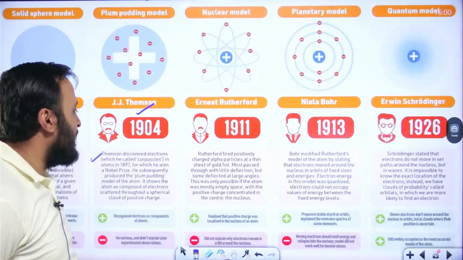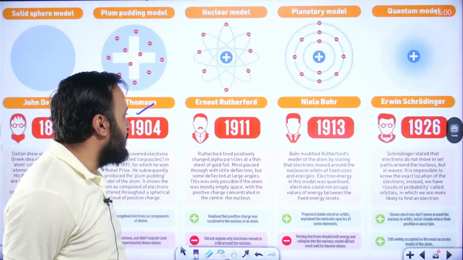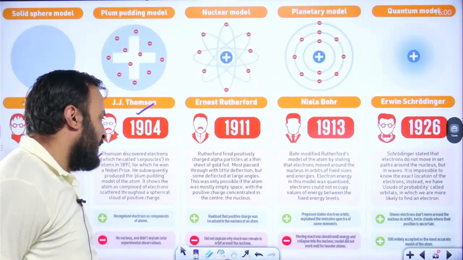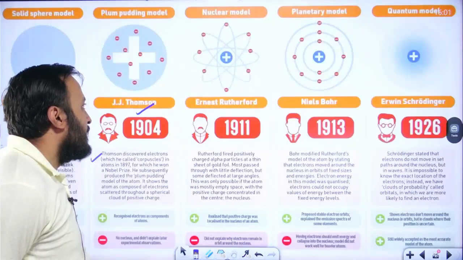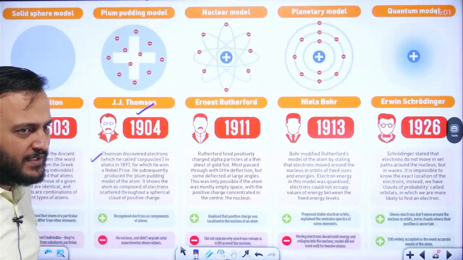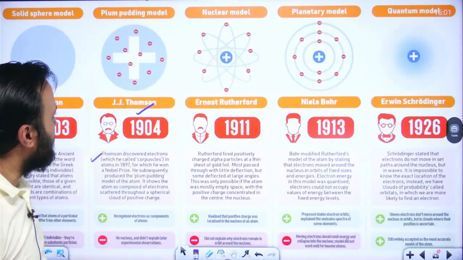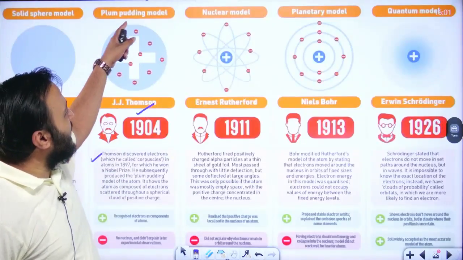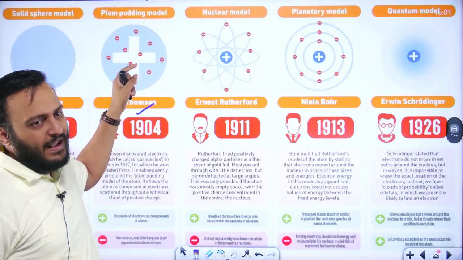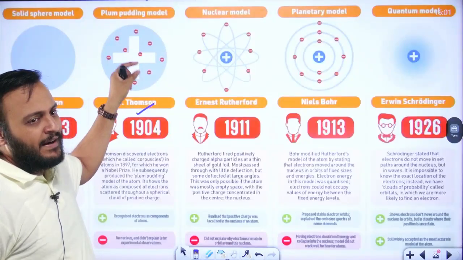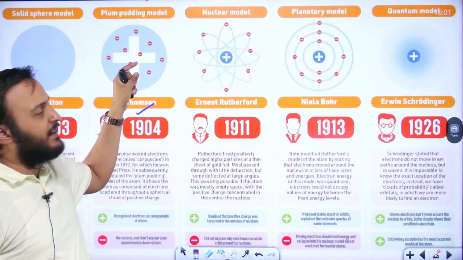Okay. Then after that we have the Rutherford model. Thomson said that the entire cloud of positive charge was there, and then we had the embedded negative charges here and there.